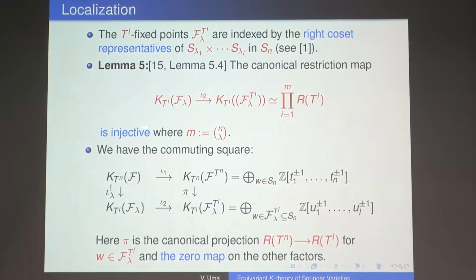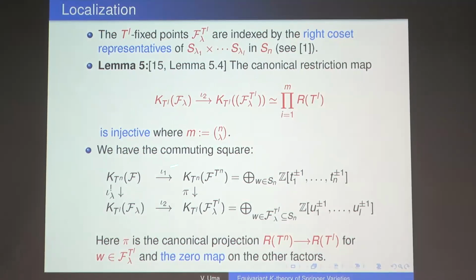This follows because after tensoring with Q, it's injective by the general equivariant K-theoretic results of Segal, classical topology. But this doesn't have any torsion. So this is a free module, so this will be injective.